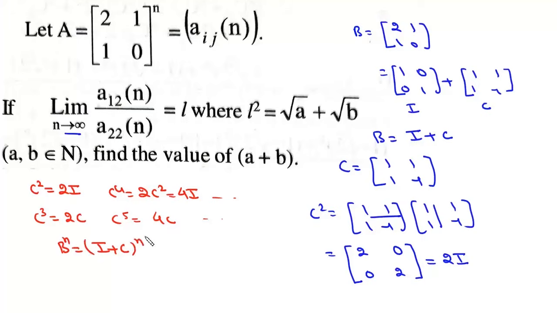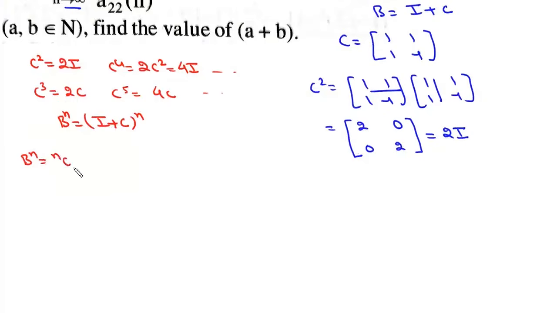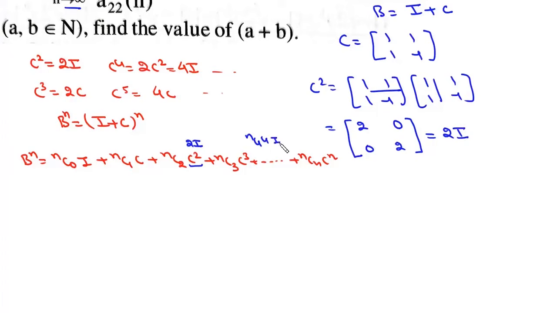Now we can write this as B to the power n equals nC0 into I plus nC1 into C plus nC2 into C square plus nC3 into C cube, and this series will continue up to nCn into C to the power n. Now for even powers of C, it will be simply 2I, nC4 will be nC4 into 4I.